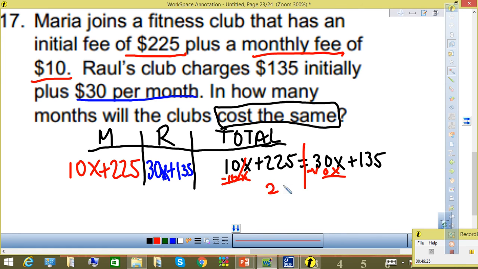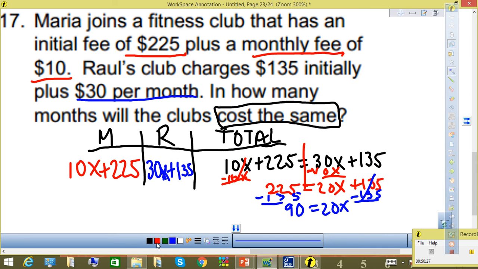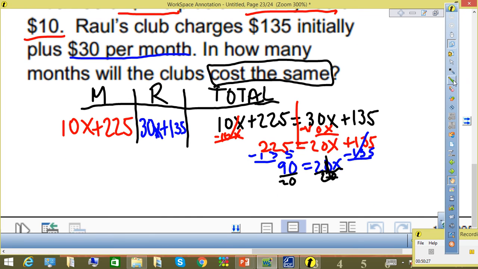We're left with 225 equals 20x plus 135. Subtract 135, subtract 135. We have 135 taken away from 225, that leaves us with 90 equals 20x. Then at the end we divide by 20, divide by 20. What do we get? 4.5 equals x.